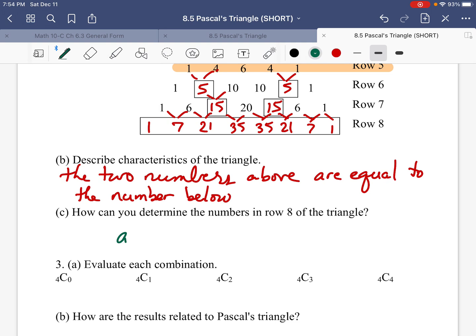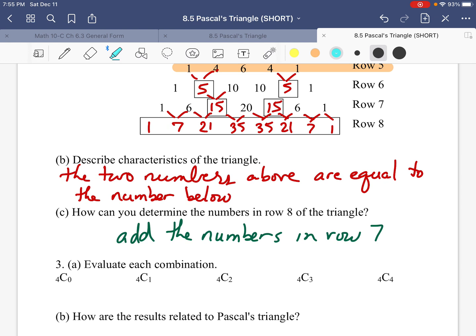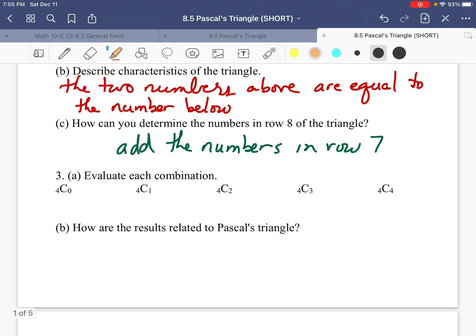Now, how can you determine the numbers in row 8? Well, you add the numbers in row 7. Oh, something else I just noticed, my apologies, I forgot to mention. Notice row 7 has 1, 2, 3, 4, 5, 6, 7 terms. Row 8 has 1, 2, 3, 4, 5, 6, 7, 8 terms.